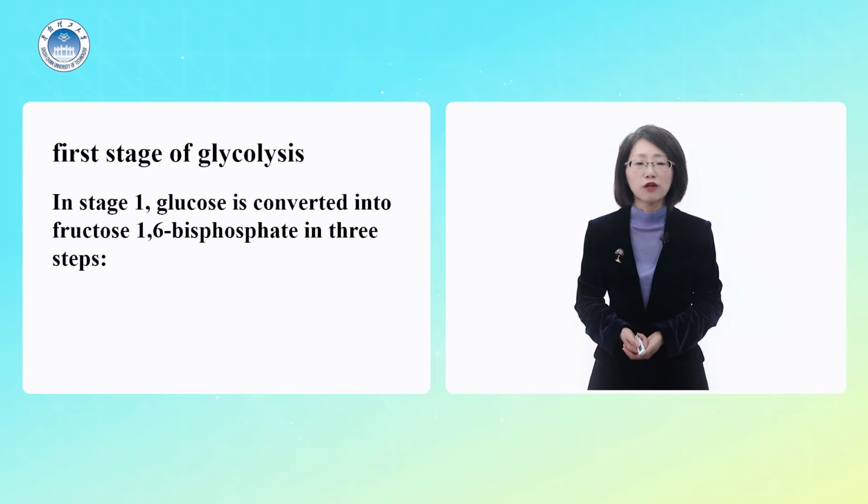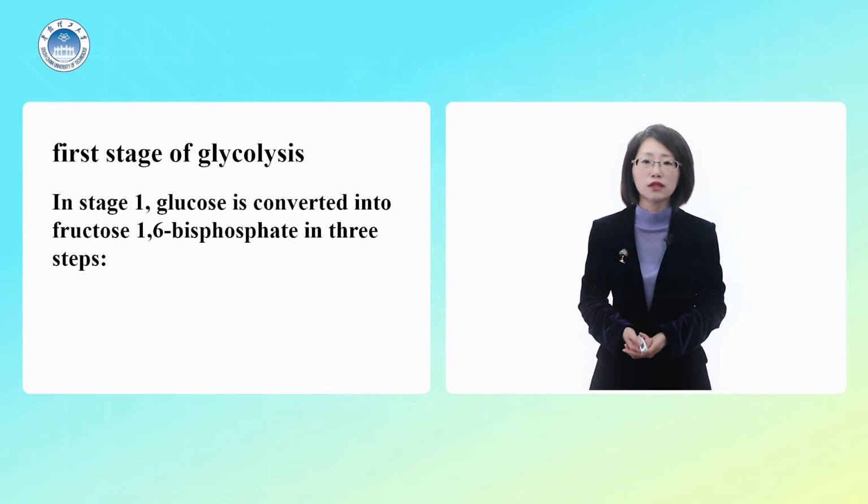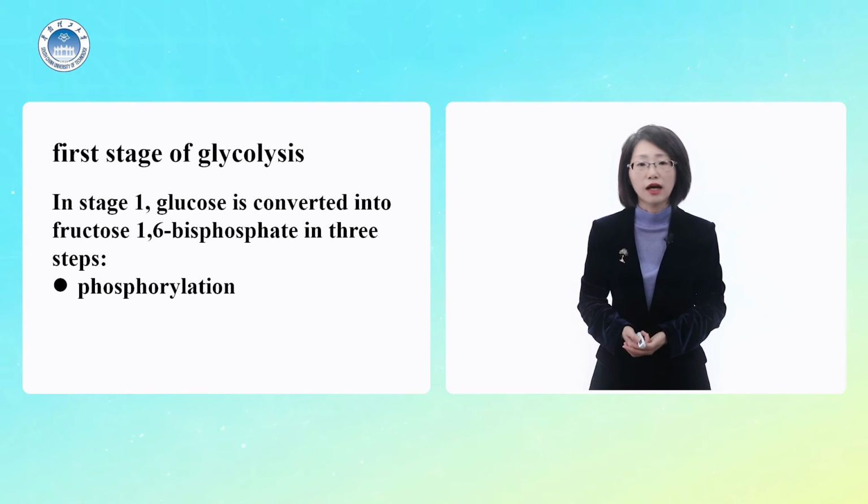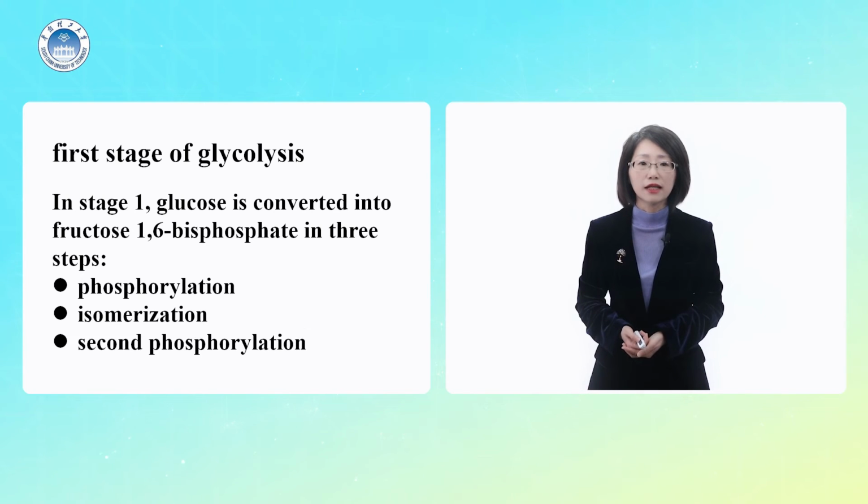In the first stage of glycolysis, glucose is converted into fructose 1,6-bisphosphate in 3 steps: phosphorylation, isomerization, and the second phosphorylation reaction.